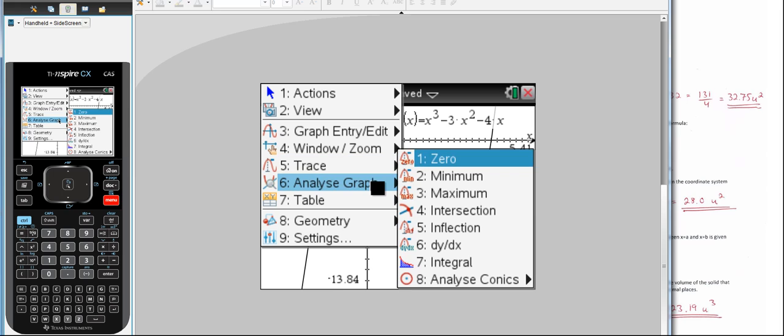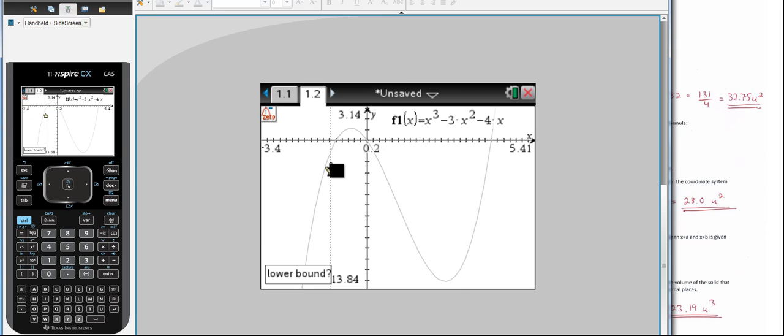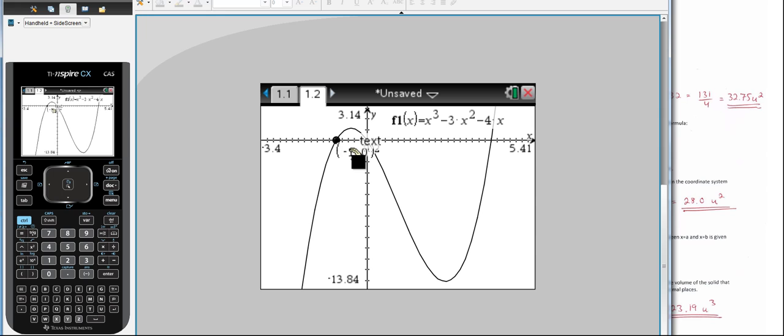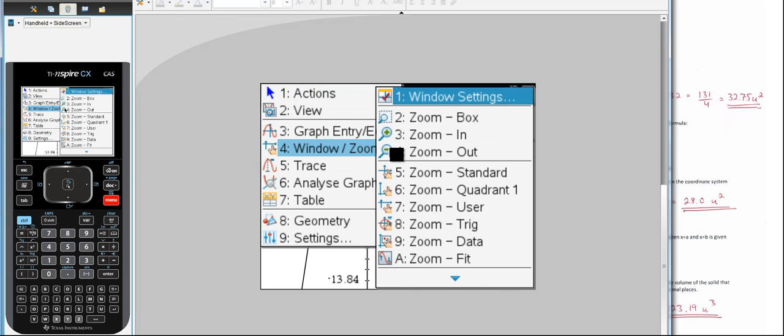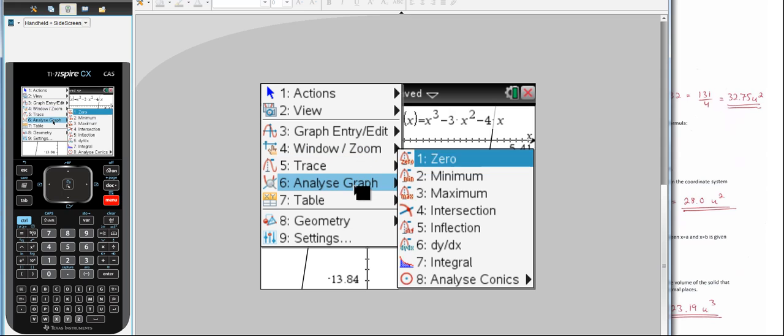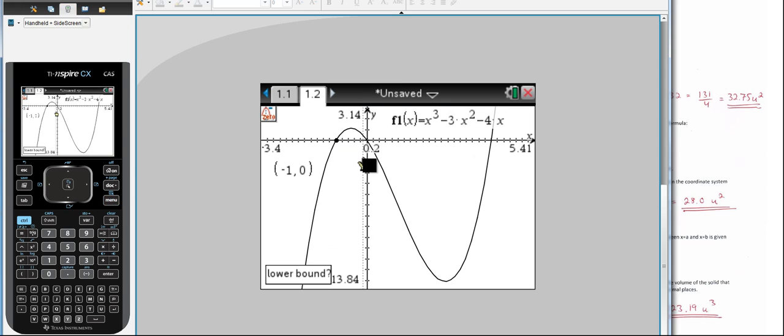So analyze zero to the left and to the right. Here's 1, 0. I think the zero would be in the origin, but just to be sure, let's confirm that. That's the other limit.